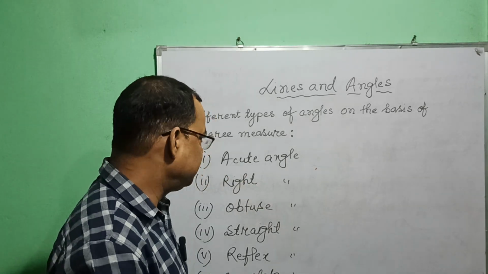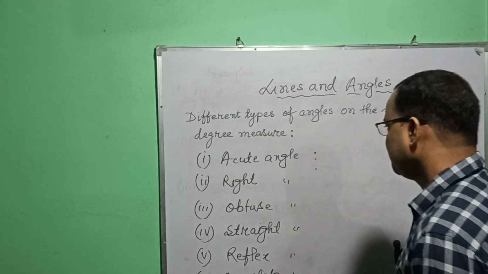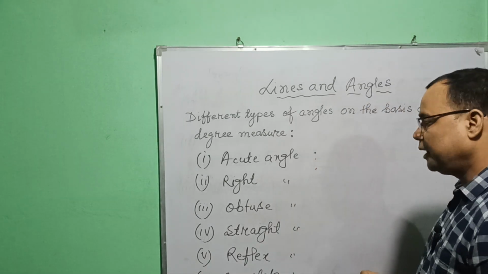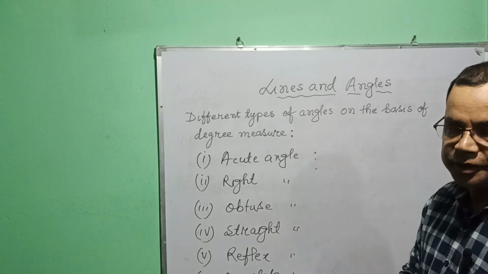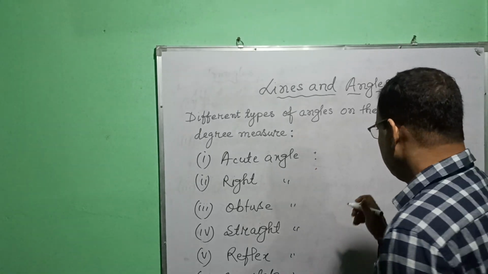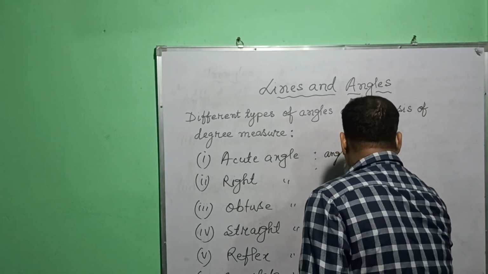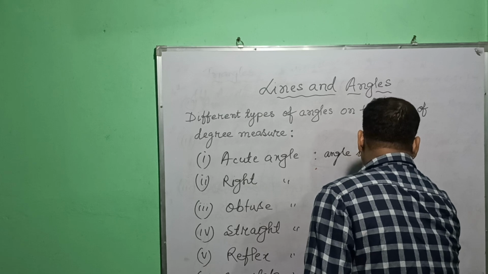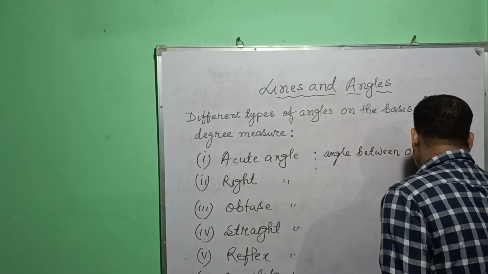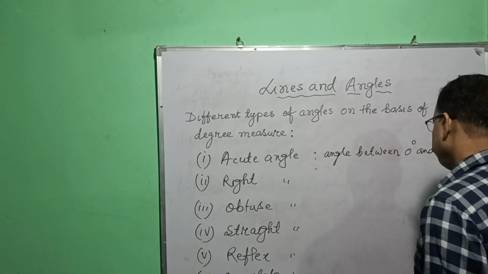First, acute angle. Now we will write the definition of acute angle. So the range of acute angle is from 0 degree to 90 degree. So we can define acute angle between 0 degree and 90 degree.